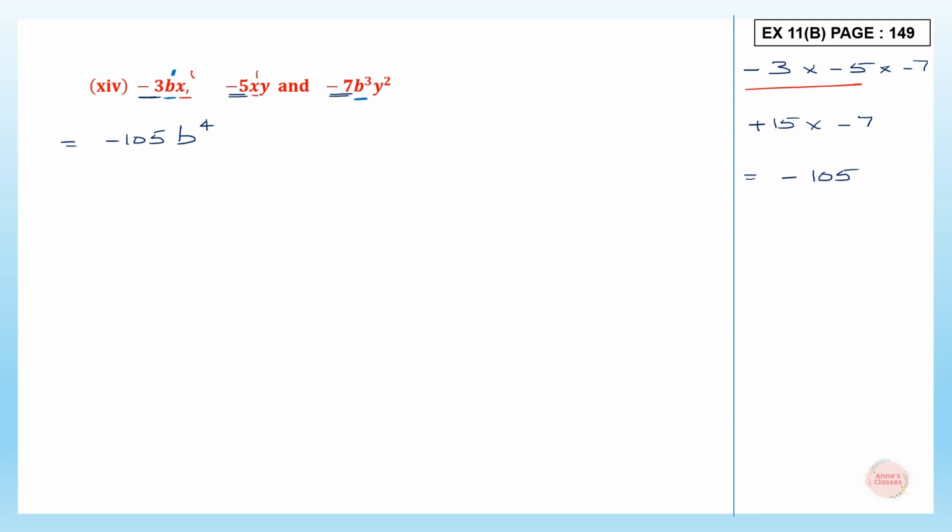Here also I have x to the power of 1. So that will be x to the power of 1 plus 1, which is 2. So we finish with x. Now let's take y. Here I have y to the power of 1 and here I have y to the power of 2. So that will be y to the power of 1 plus 2, which is 3. So what is my final answer? Minus 105 b to the power of 4 x square y cube.